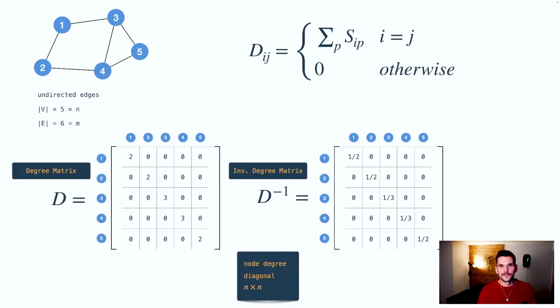To construct the inverse degree matrix, as we need in our formula, that's basically the inverse of the entry on the diagonal, as our degree matrix is a diagonal matrix. So the inverse degree matrix is 1/2 for node 1, 1/2 for node 2, 1/3 for node 3 and so on.